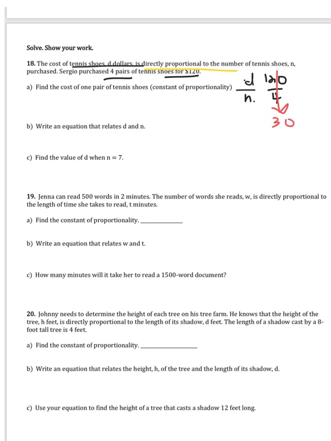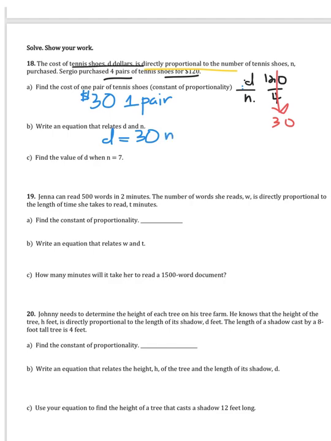Okay, so find the cost of 1 pair of tennis shoes. The constant, we said 30. $30 for 1 pair. Okay, write an equation. D equals 30n. That was easy, got that done.